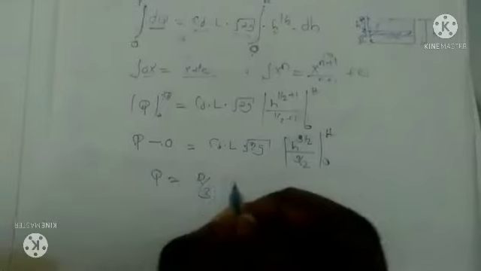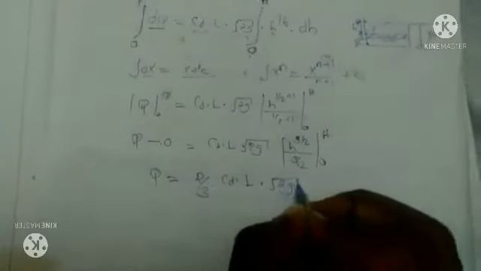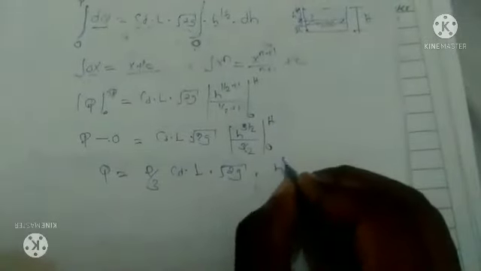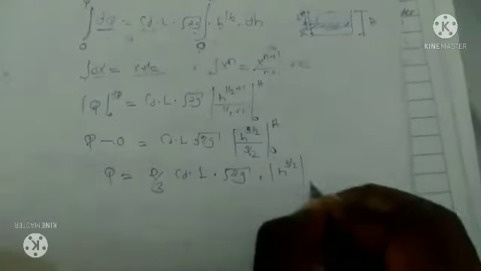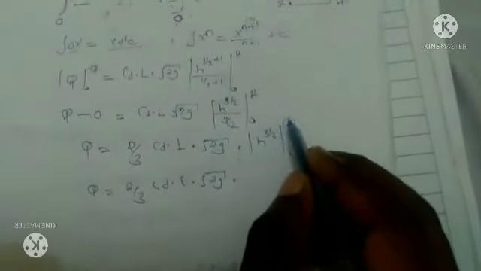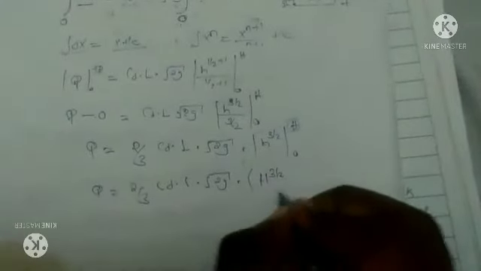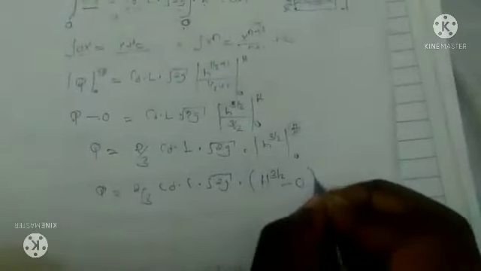Here 3 over 2 is a constant, so you get 2 over 3 times Cd times L times the square root of 2g times h power 3 over 2, with the limit 0 up to H. Now we start with the upper limit: h equals capital H, giving H power 3 over 2, minus the lower limit which is 0.